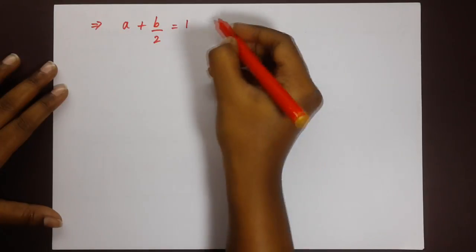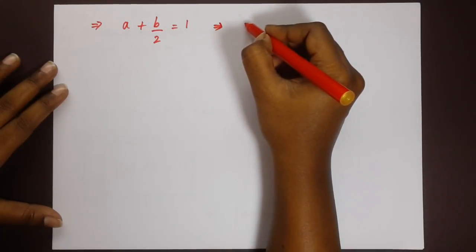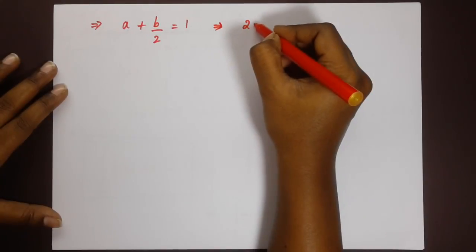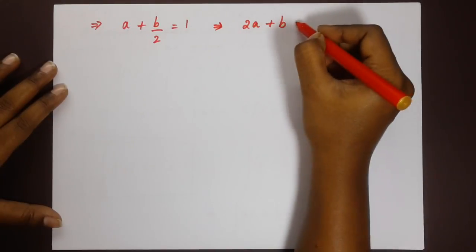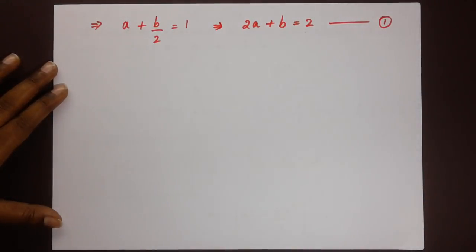Let's resolve this to an equation without fractions. We will get this as 2a plus b equals 2. Let's call this equation 1.